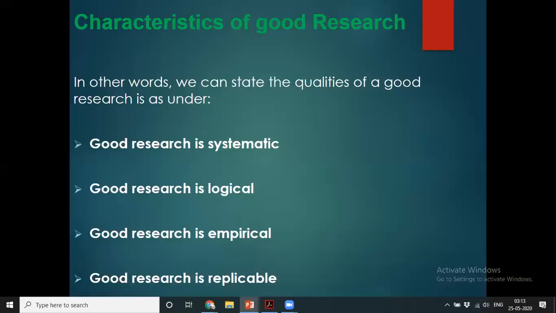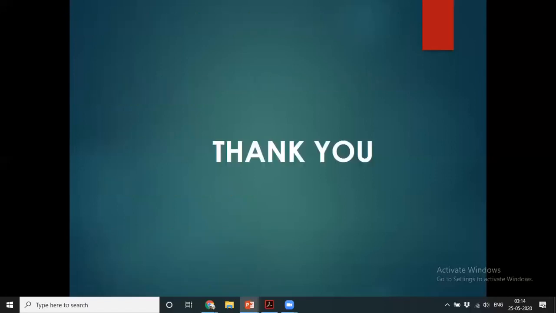Because some people try to manipulate the data, and due to that manipulation, they face a severe problem. That's why whenever you are conducting any kind of experimental research, you have to be careful with your research work, and it must be a replicable one. Okay, thank you.